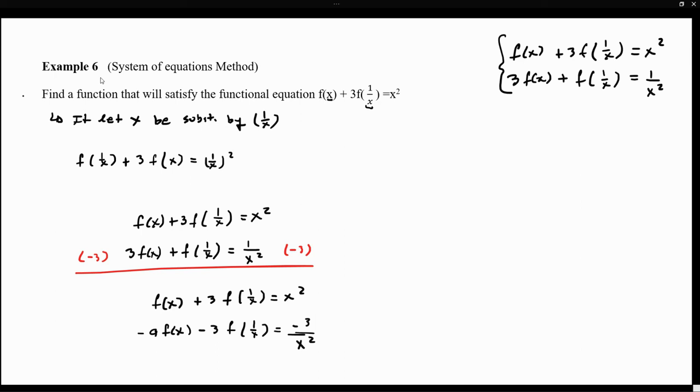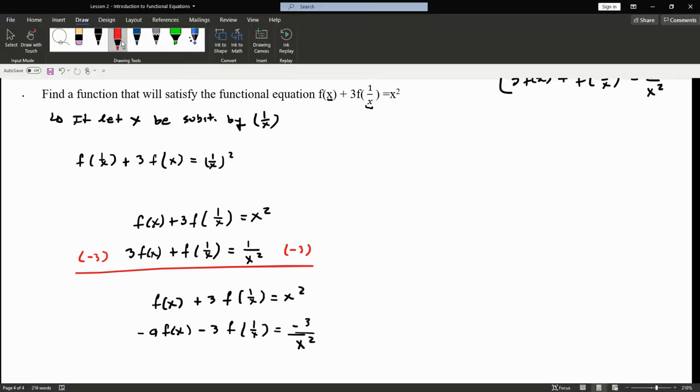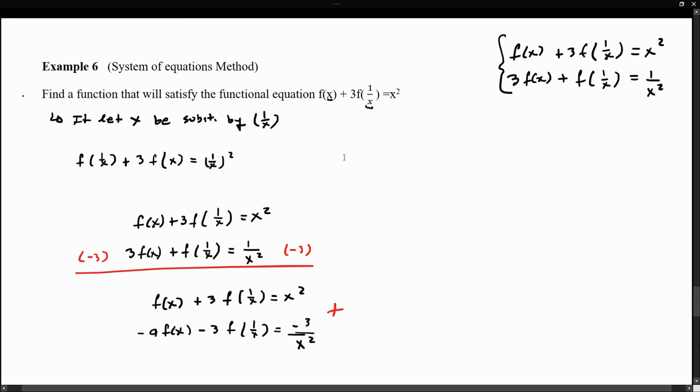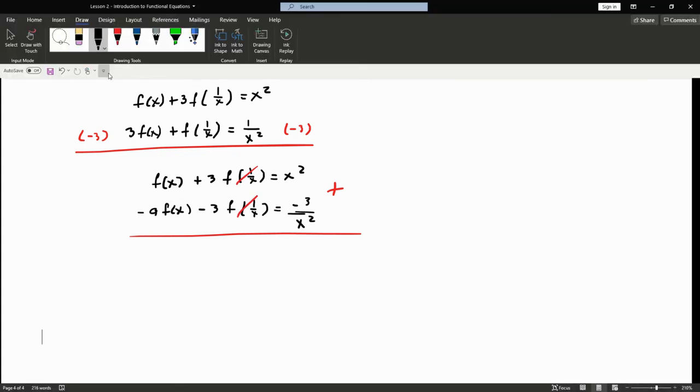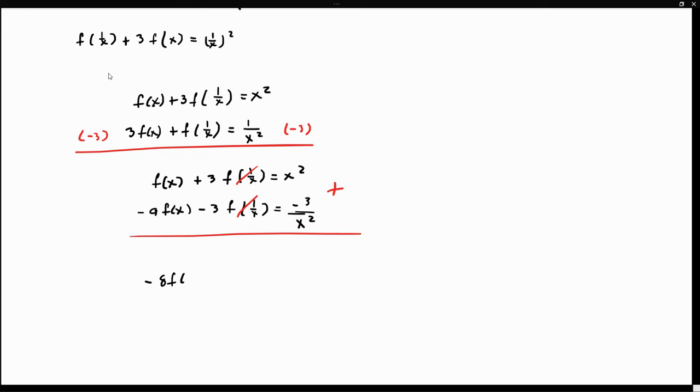But what happens if I add those two equations? Notice that 3f of 1 over x plus -3f of 1 over x are going to cancel out. So now what I end up having is just -8 f of x equals x squared plus -3 x squared.